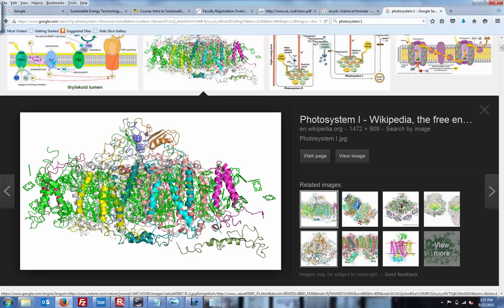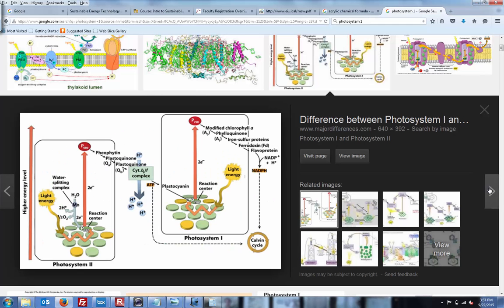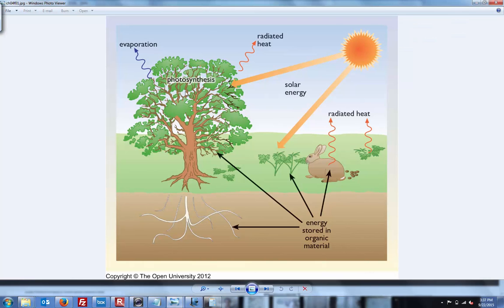And there are plenty of other examples. Here's kind of a cartoon depiction, but once that light comes in, you have all kinds of other biochemistry going on. So that's basically what happens to that one little photosynthesis box that they mentioned. A lot of the energy actually goes into building the tree, one molecule at a time, one atom at a time.